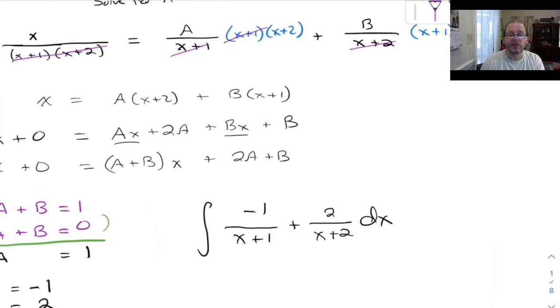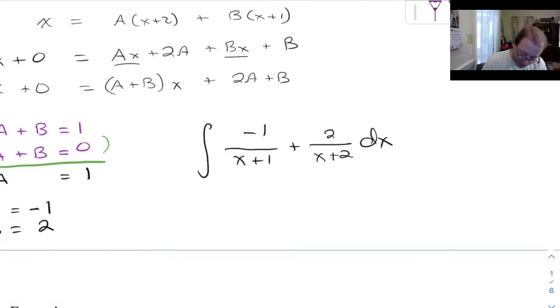And now this integral is easy. This first one is just -1 natural log of x plus 1, plus 2 natural log of x plus 2, plus c.